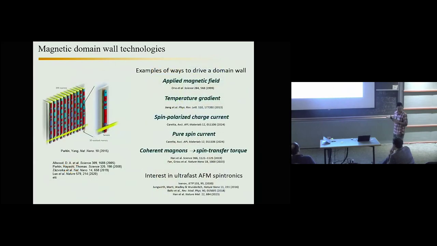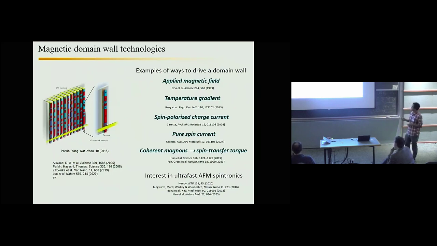Okay, so before I tell you about the material, let me embed the talk in a little bit of context of magnetic domain wall technologies. There are a lot of reasons to be interested in magnetic domain wall dynamics, both from a fundamental and applications perspective.